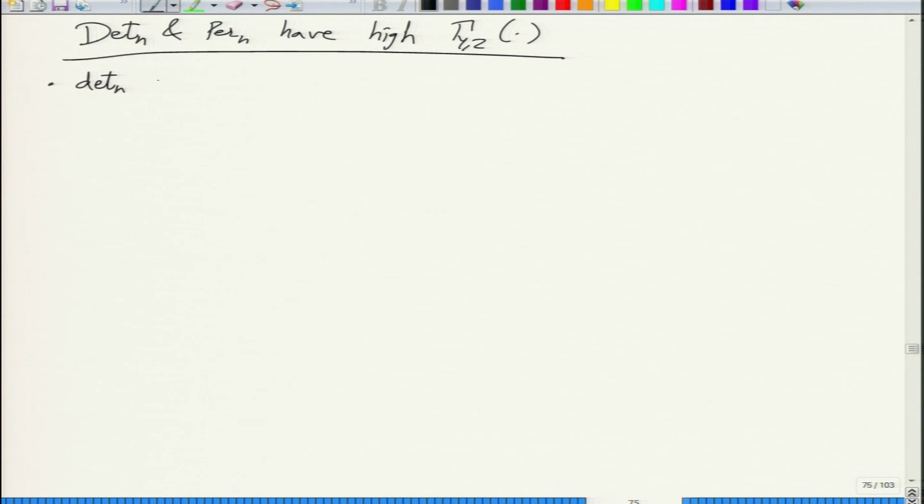So det n has n square variables. Any ideas how to show that the measure is large? Again, if you are not careful with the partition, with n square variables, then the measure can be really small.